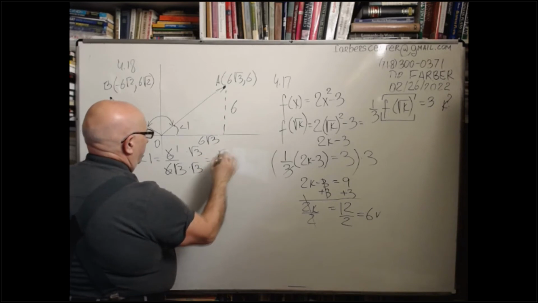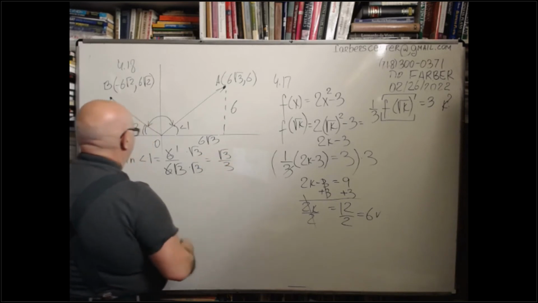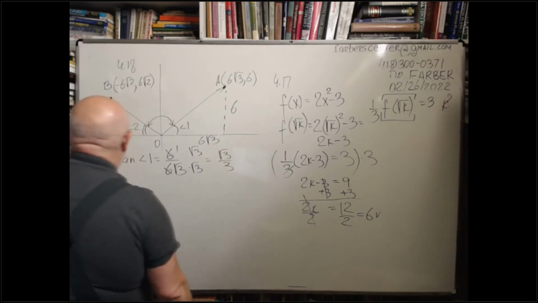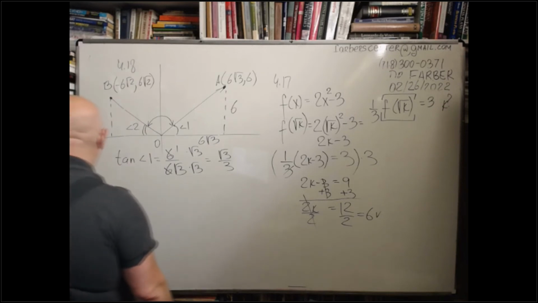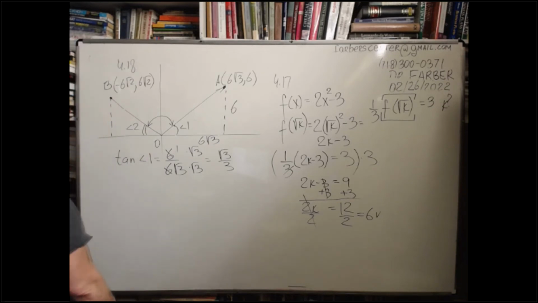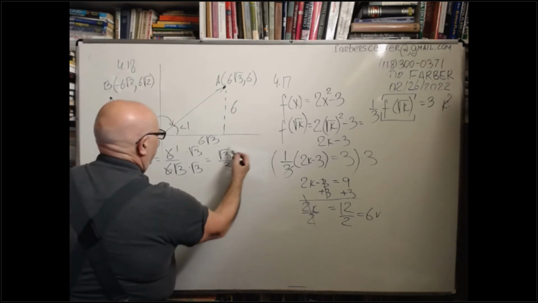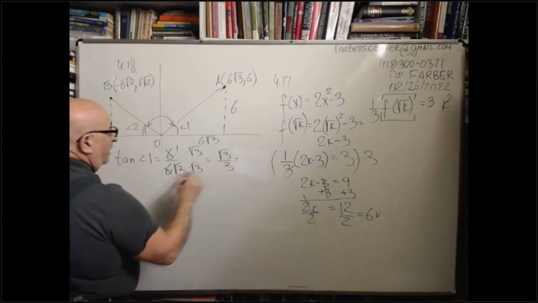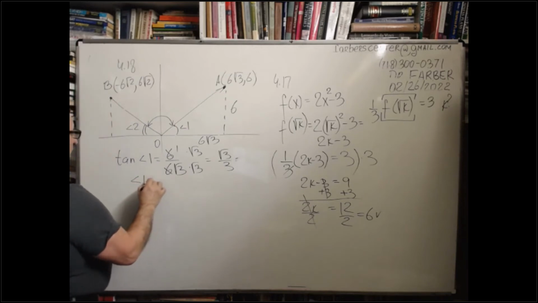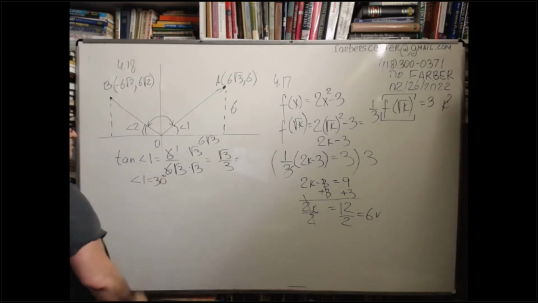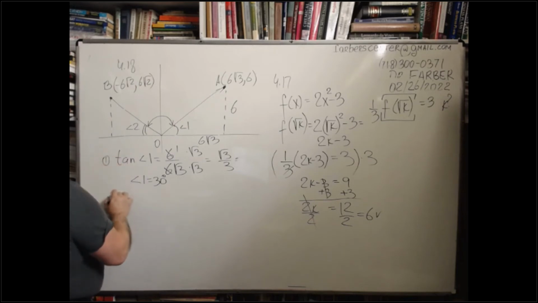This is square root of 3 over 3. You can use a scientific calculator like we did, or based on this table, you know angle 1 equals 30 degrees. Step number 1.